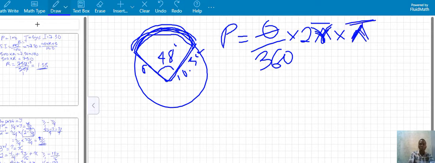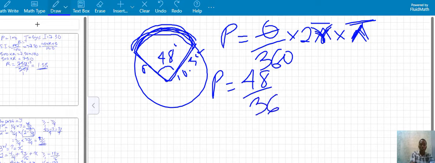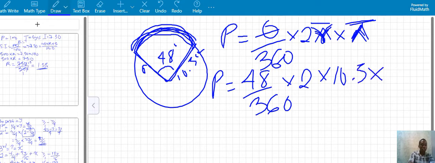That's what is going to give us our P. So P will be equal to 48 over 360 times 2 times 10.5 times our pi, which is always 22 over 7. It's a constant value.